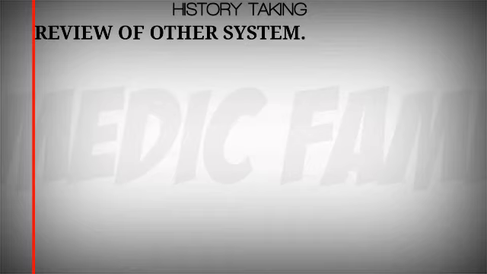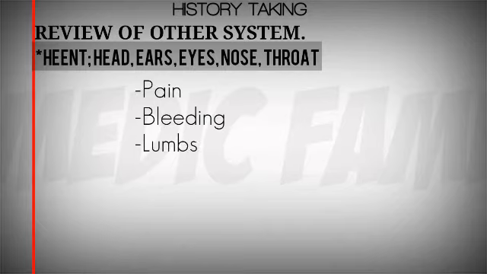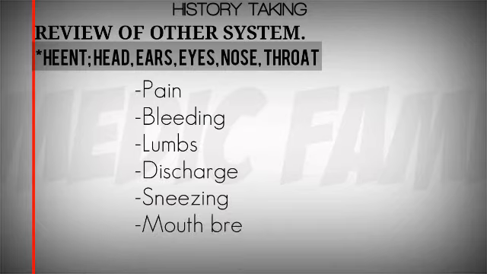First, I'll start with head, ears, eyes, nose, and throat, on which you should ask for any pain, any bleeding, any lump, any discharge from ears, eyes, or nose, sneezing, if the child is mouth breathing, and even snoring.